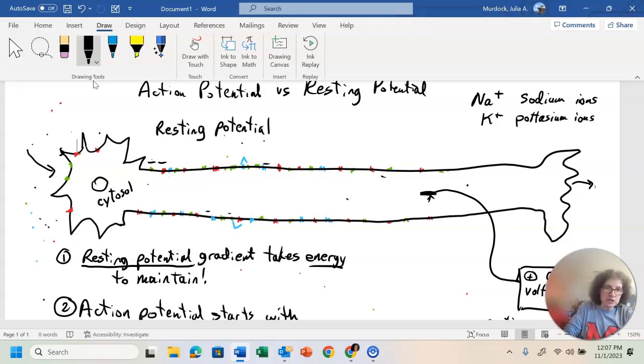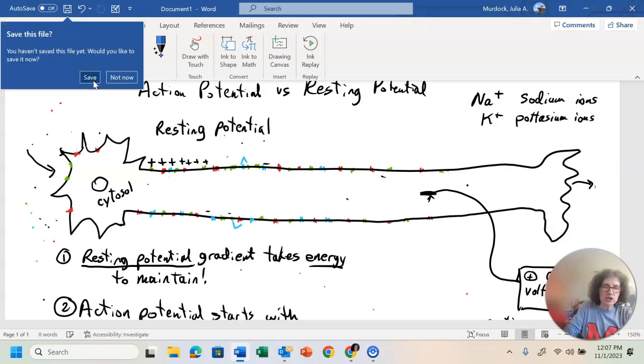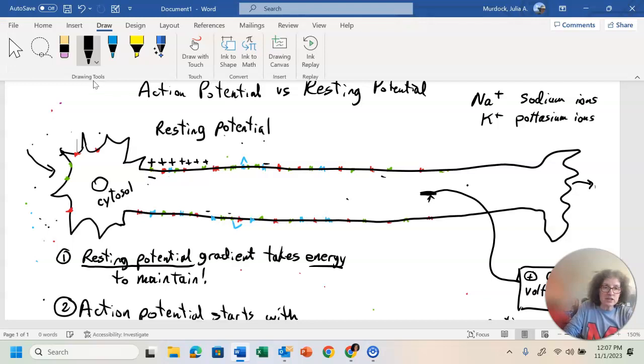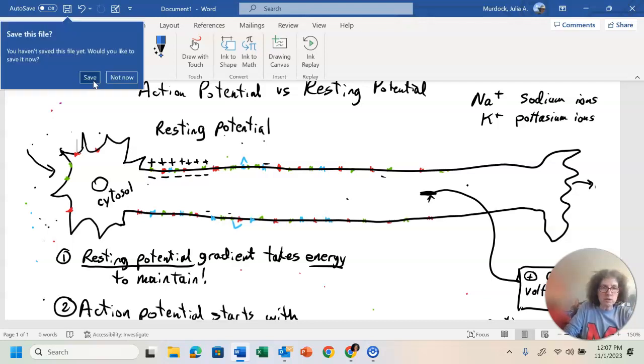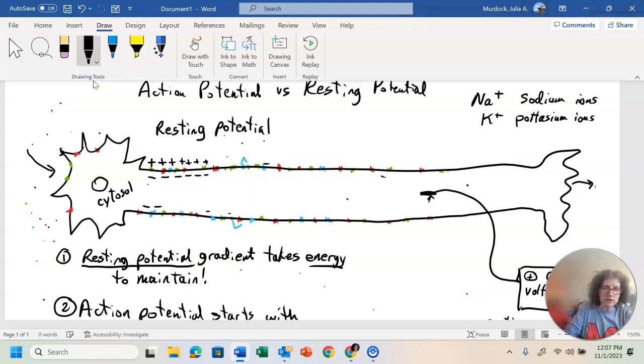With resting potential, the outside of the membrane has an overall positive charge, and the inside, the cytosol, has an overall negative charge. And this is true along this membrane and also down here. The inside of the cell is slightly negative and the outside of the cell is slightly positive. And that is a gradient.